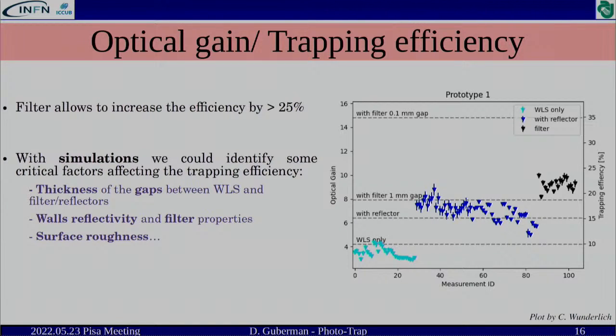And it's important because there we can identify the relevance that the different parameters have in the efficiency of the pixel. And for instance, it is critical to have a very small gap between the wavelength shifter and the reflectors, or another very important item is the surface roughness of the plastics, of the wavelength shifters.